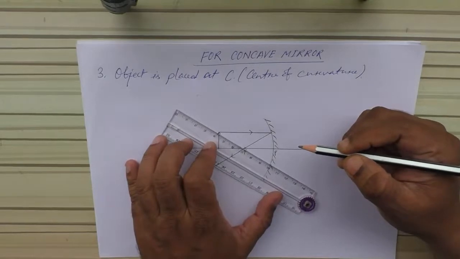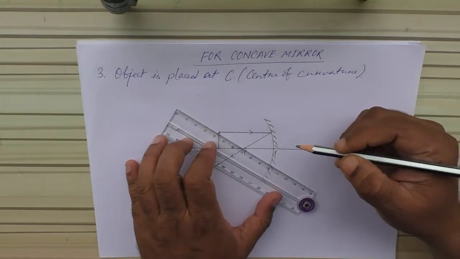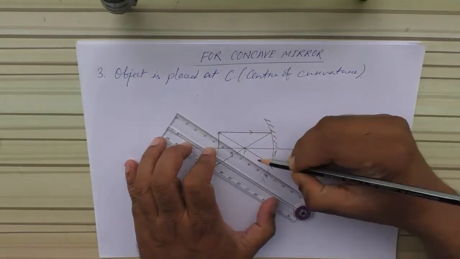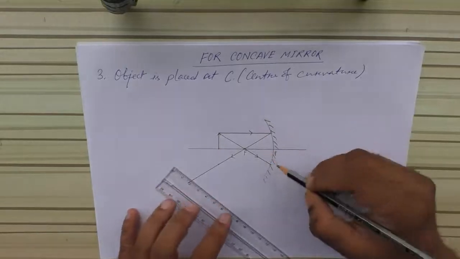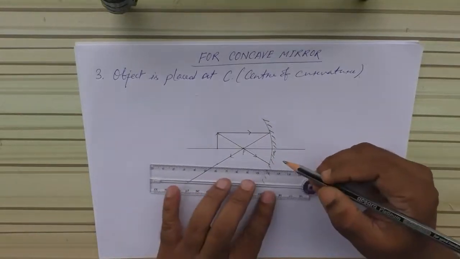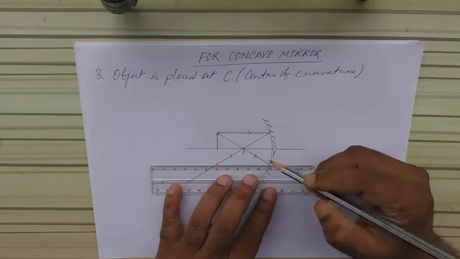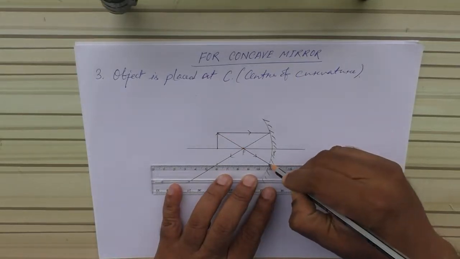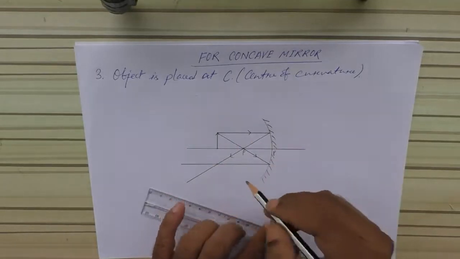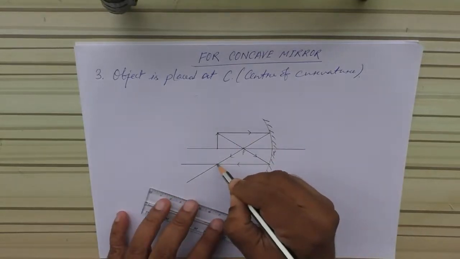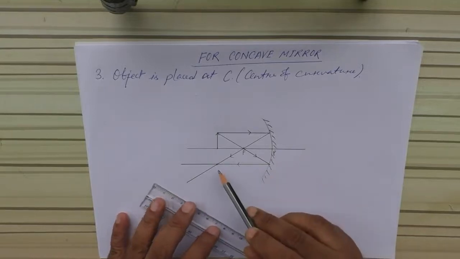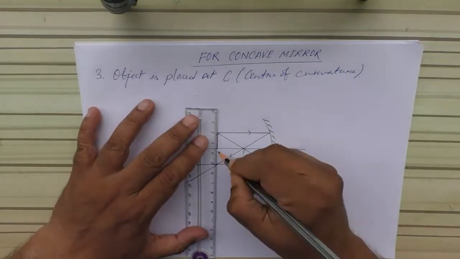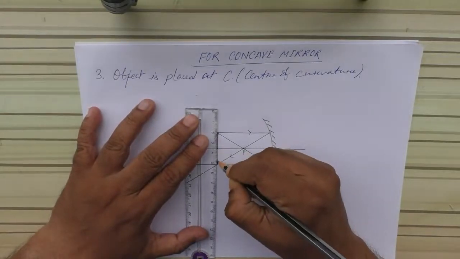If a ray of light incident after passing through focus, and if it is your good luck, then it will touch this point. And we know the rule, if a ray of light incident after passing through focus, in case of concave mirror, after reflection it becomes parallel to the principal axis, and the two reflected light rays exactly meet at the point where we wanted, and image is formed at center of curvature.